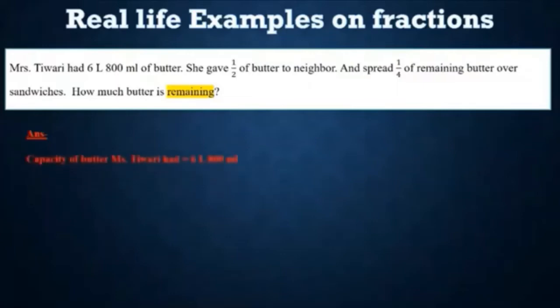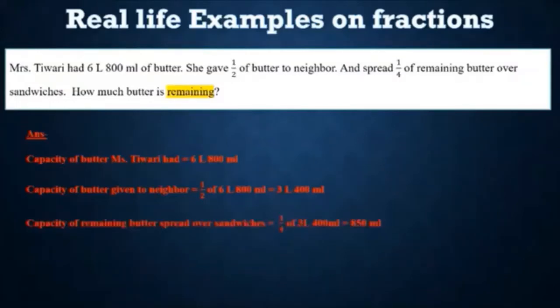So first we'll write the capacity of butter Miss Tiwari had, which is 6 liters 800 ml. The capacity of butter which she gave to her neighbor is equal to 1 by 2 of 6 liters 800 ml, which is equal to 3 liters 400 ml. The capacity of butter spread over sandwiches is equal to 1 by 4 of 3 liters 400 ml, which is equal to 850 ml.